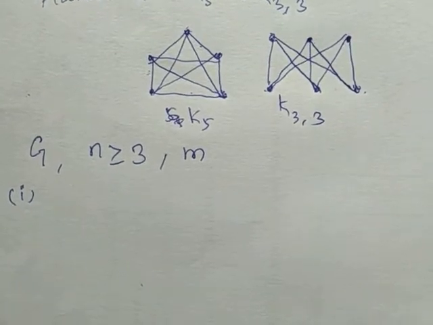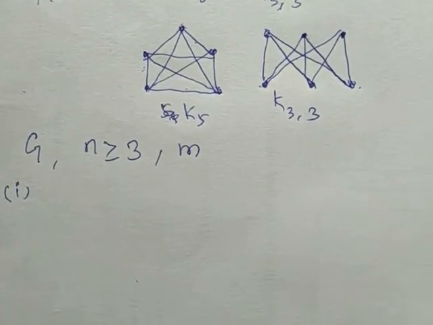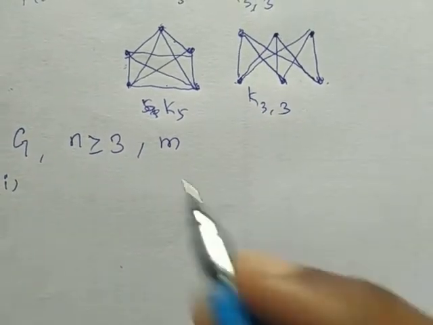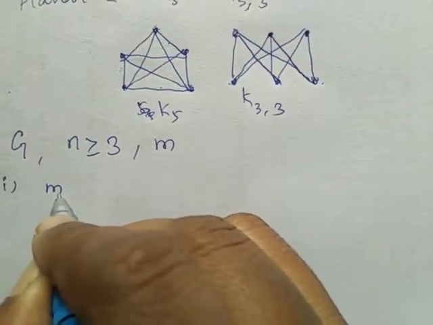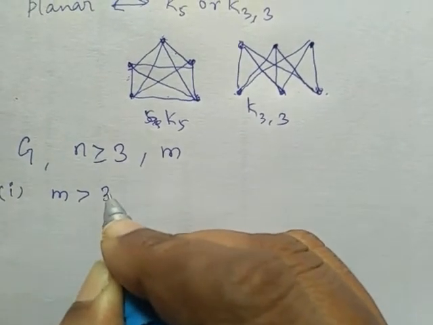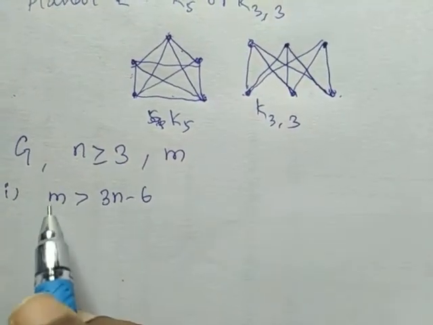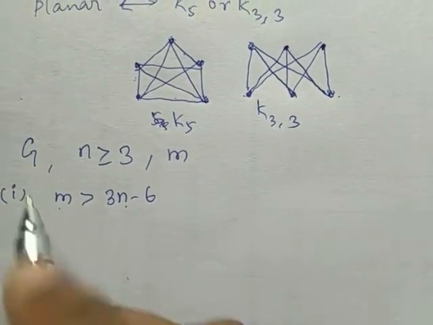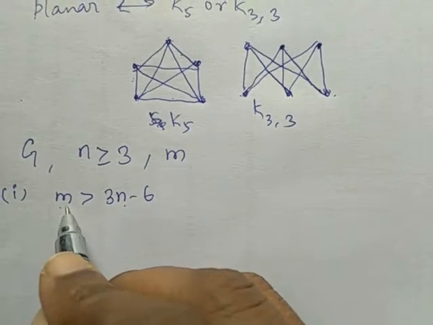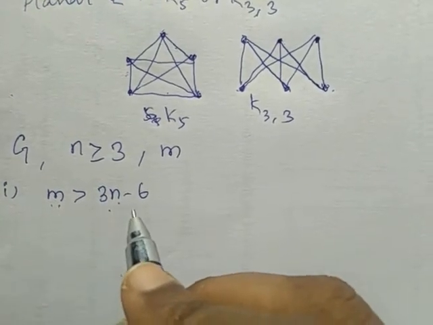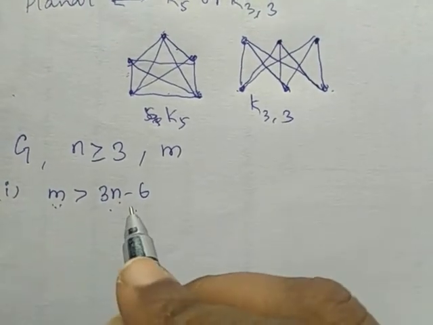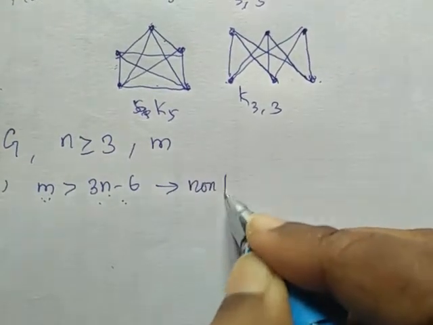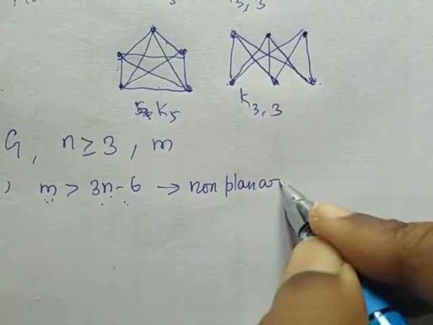To verify G is non-planar, we have to check whether m is greater than 3n minus 6. m is the number of edges, n is the number of vertices. If m is greater than 3n minus 6, obviously the graph is non-planar. We have already proved this.